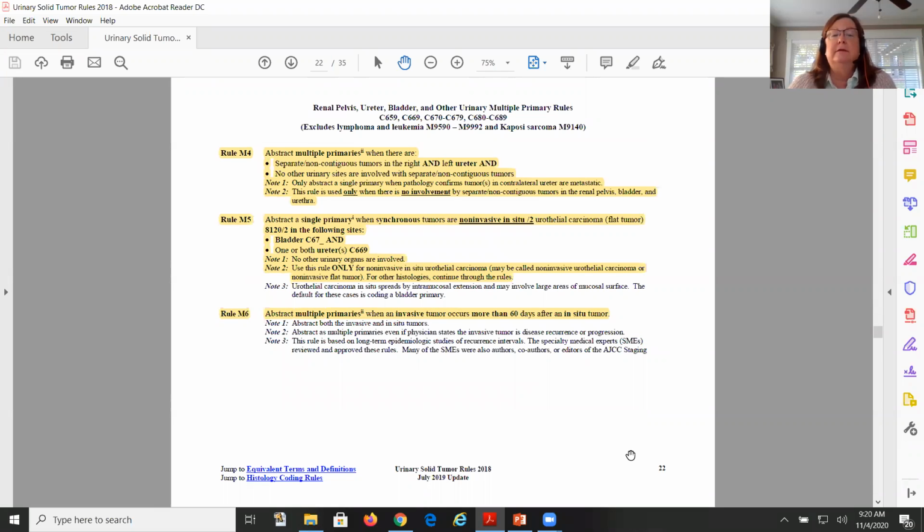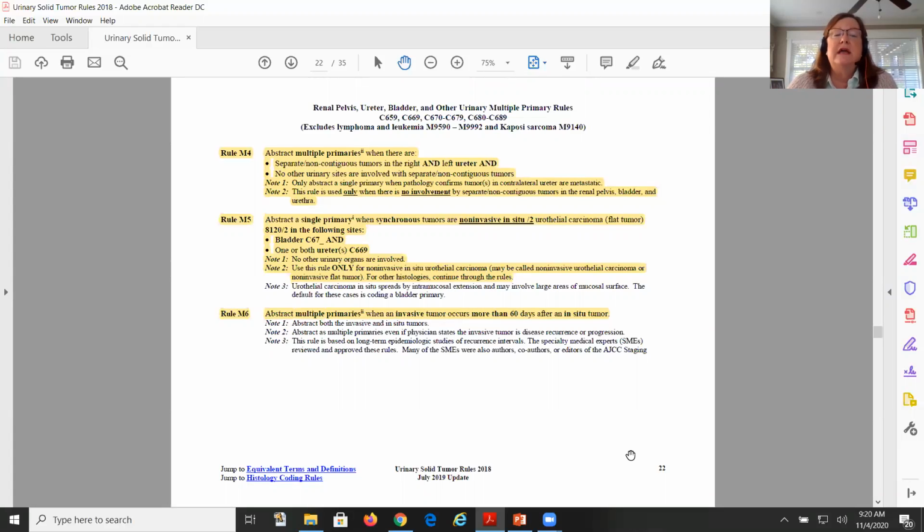M4, abstract multiple primaries when there are separate tumors in the right and left ureter and no other sites are involved. M5, abstract a single primary when synchronous tumors are non-invasive in situ /2 urothelial carcinoma flat tumor.